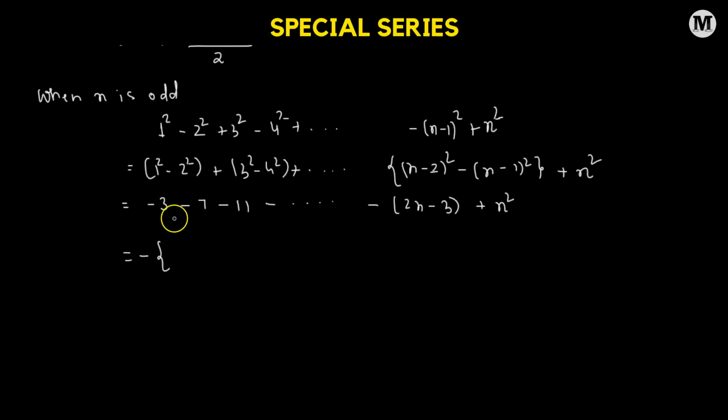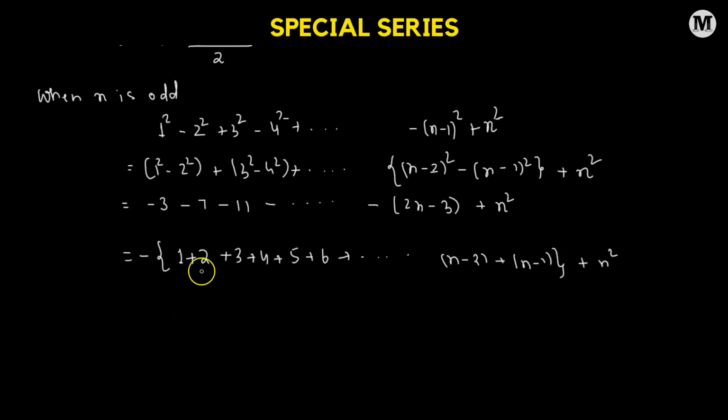So we have positive 3, but that will become 1 plus 2. Next term will be negative 7. When we take negative 1 as the common factor, we'll be left with positive 7, but we are going to rewrite it as 3 plus 4. Next will be 5 plus 6, going all the way up to 2n minus 3, and that can be expressed as n minus 2 plus n minus 1, plus n squared.